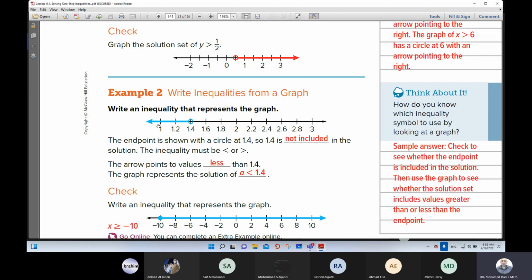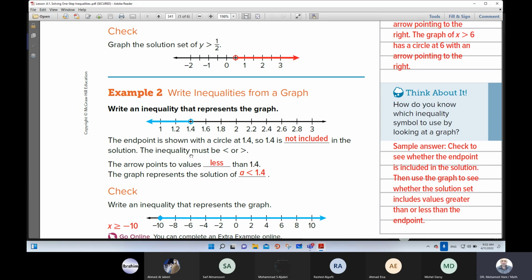And the direction to the negative side means the value of the variable is less than 1.4. So the endpoint is shown with a circle at 1.4. It is not included in the solution because here we have an open circle.